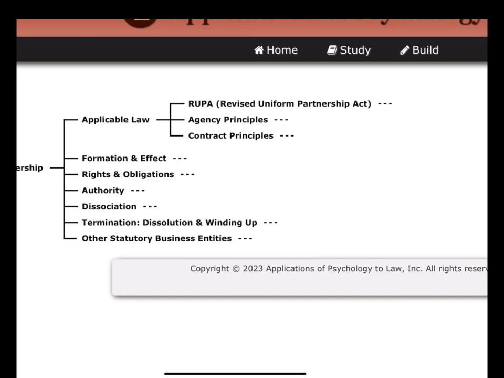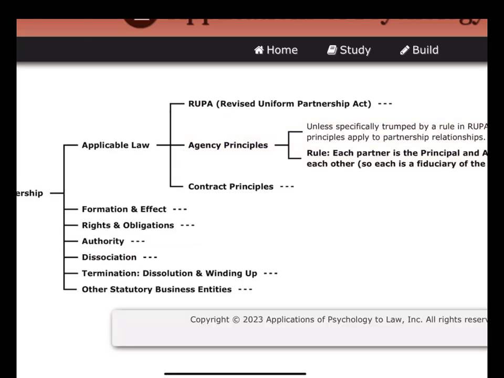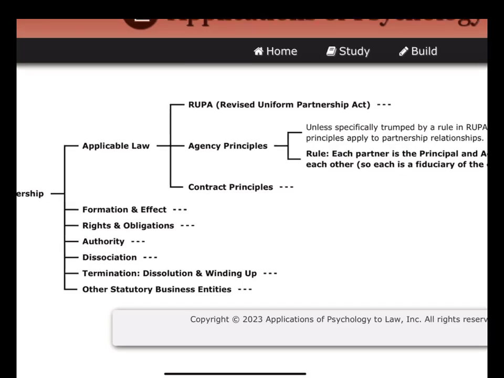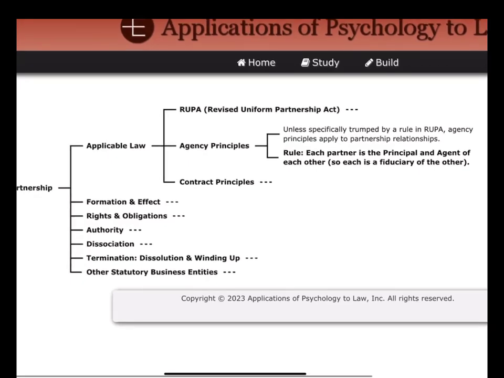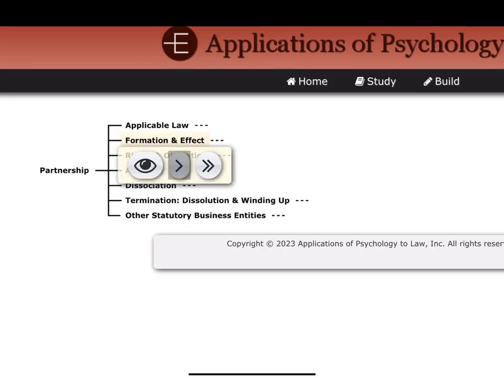And of course, the more general principles are in applicable law. One that's important for our purposes is the agency principle that says each partner is the principal and agent of each other. Each is a fiduciary of the other.